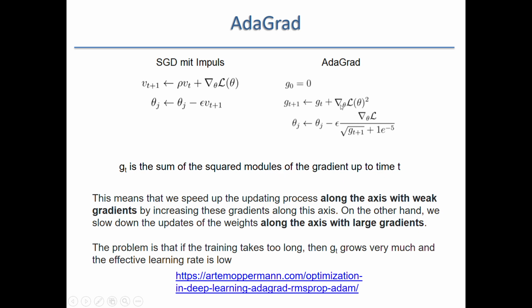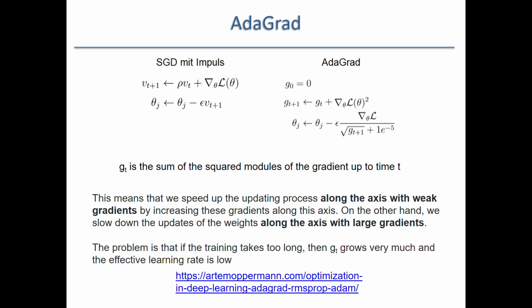So you compute the gradient, you compute the norm of that gradient and square it, and now you accumulate all that. So if the gradient is weak, this will be close to 0, and then you are dividing by a smaller number, so you will make longer changes. So that makes sense.